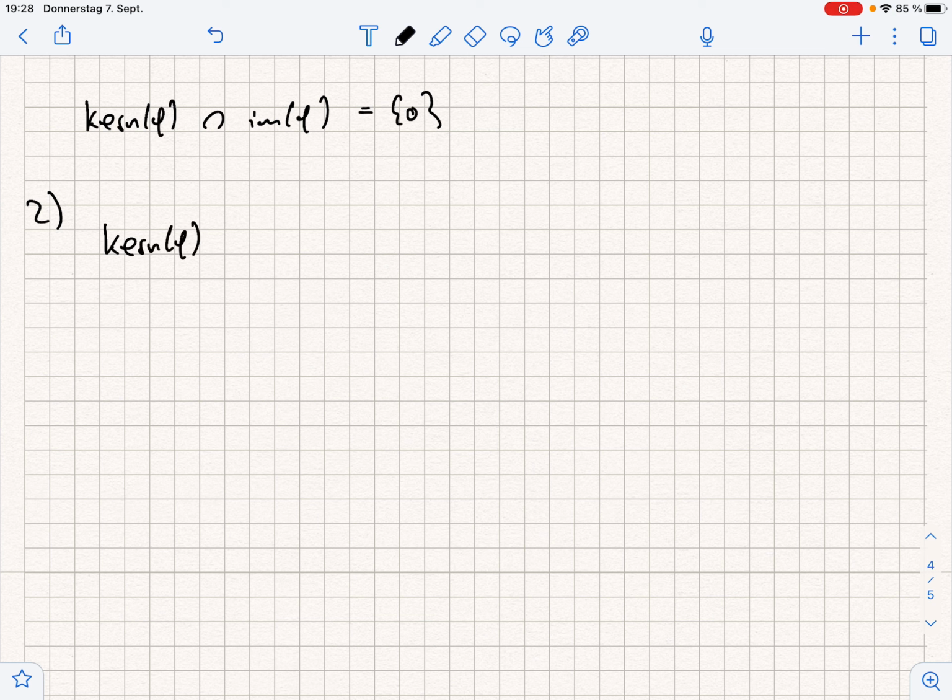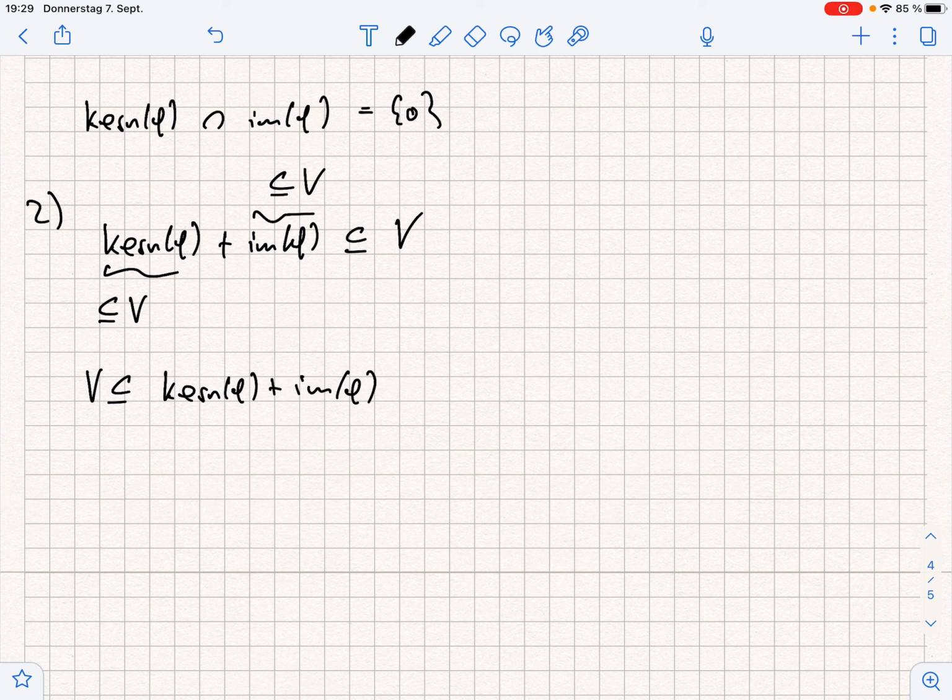We say that the kernel plus the image of phi is a subset of V, and this holds true because obviously the kernel itself is a subset of V and the image itself is a subset of V, thereby their sum will also be a subset of V. Okay, but the other way around, if we say that V is a subset of the kernel of phi plus the image of phi, this is not so trivial.